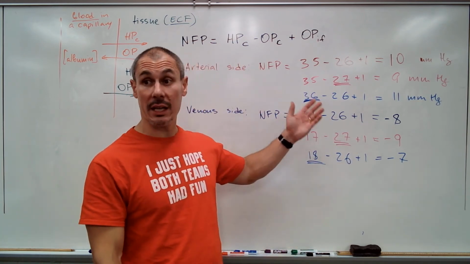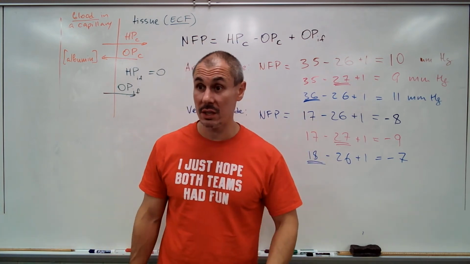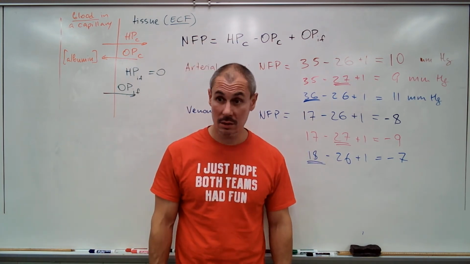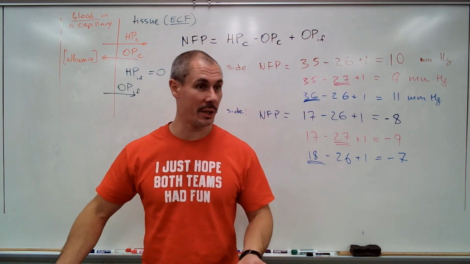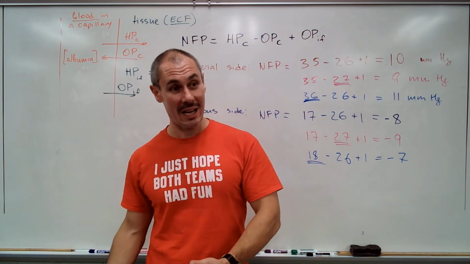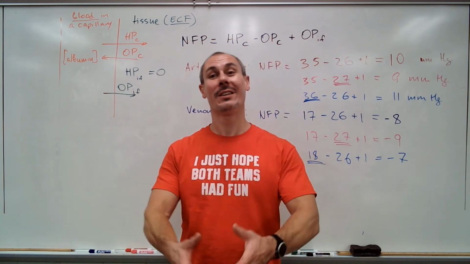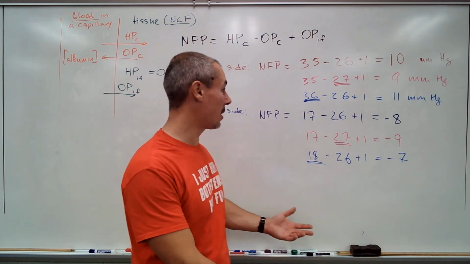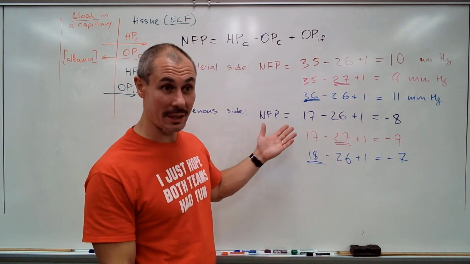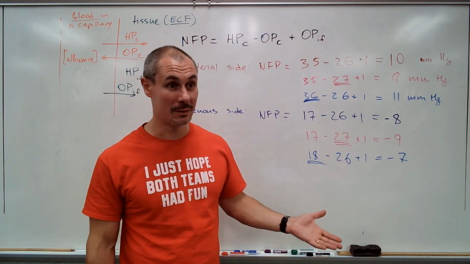The drainage on the venous side will suck. You see what I'm saying? So this is why, if you stand for an extended period of time and don't move around, your feet are going to swell. And if you have hypertension, they're going to swell even more because your venous side doesn't drain as well.